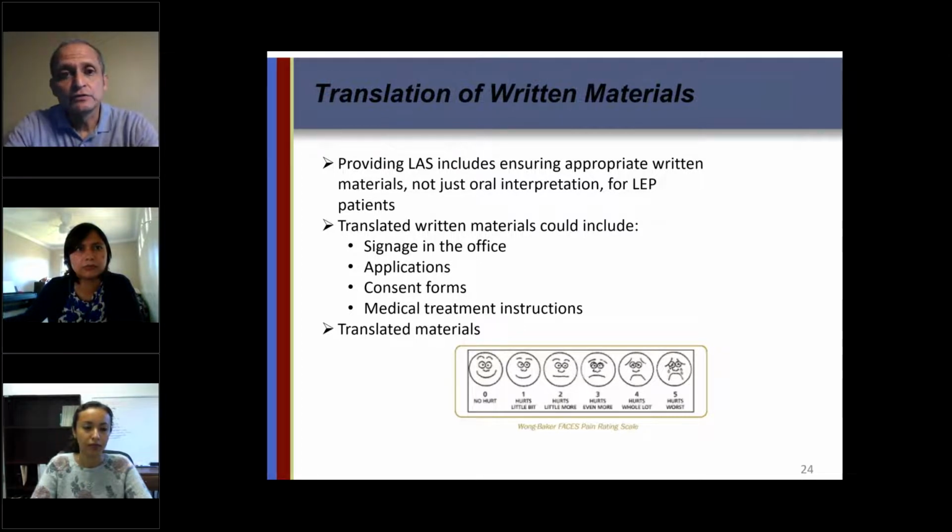And you can go to, for instance, the Centers for Disease Control and Prevention website and obtain those materials. You can go to the immunize.org website and obtain the vaccine information statements. You need to have information on other potential screening tests that you are planning to offer to your patients.